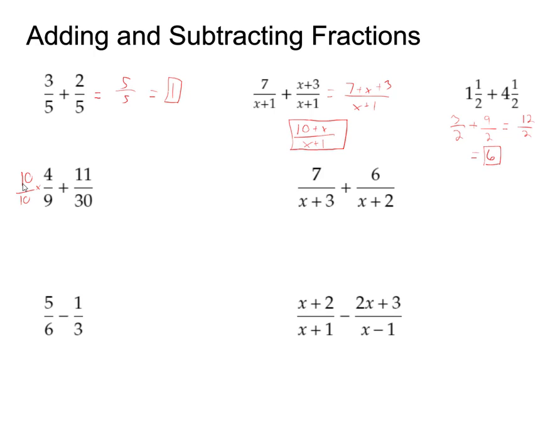So I'm not fundamentally changing the fraction at all. For 11 over 30, I'm going to multiply that by 3 over 3, which again is equivalent to 1. So when I do that, I get 40 over 90 plus 33 over 90. That is going to equal 73 over 90.